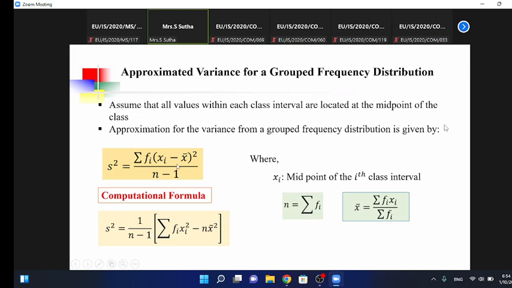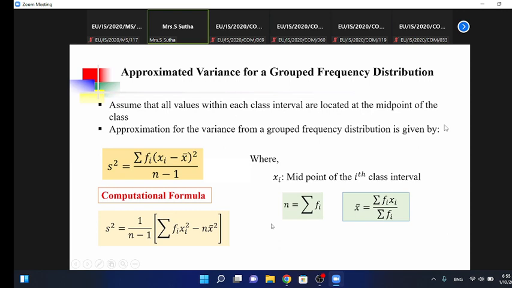It is the same formula as for the ungrouped frequency distribution, but for the ungrouped, the xi's are the exact values, whereas for the grouped, we have to take the midpoint. The same computational formula is used here also, but xi is denoted by the midpoint of a particular class interval.